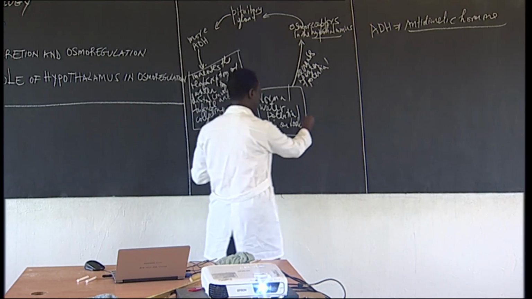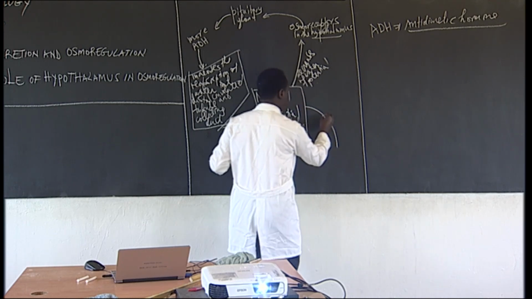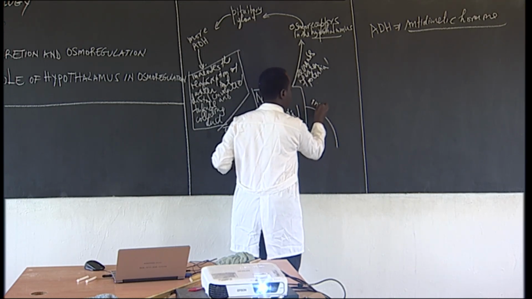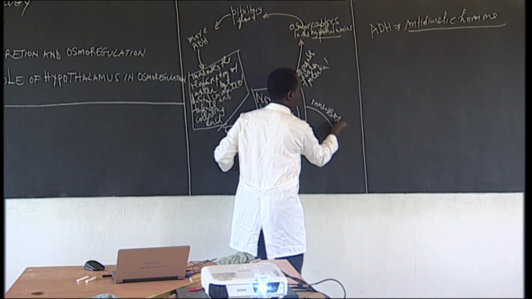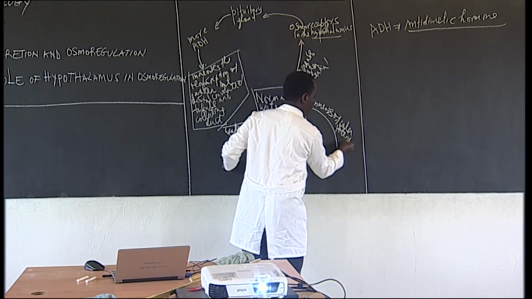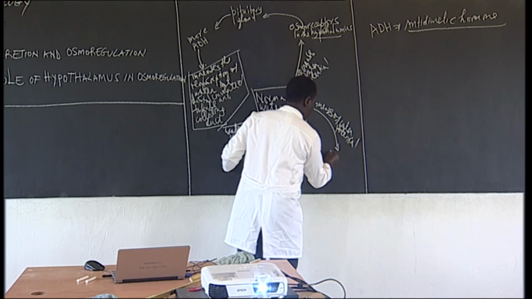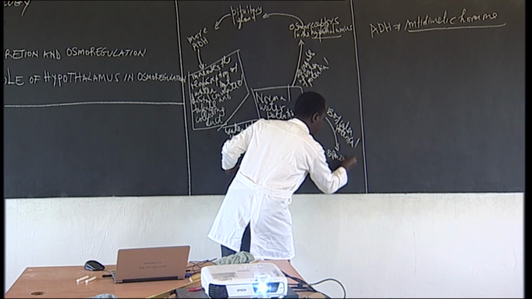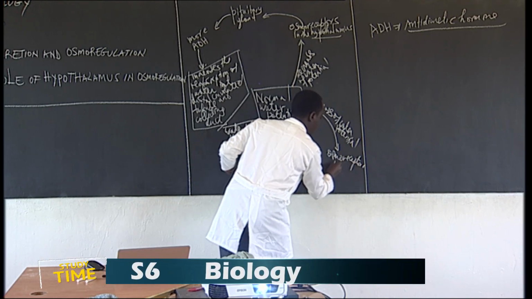What's going to happen? Let's use the same diagram. So suppose there is now rise of increase of water potential. So this is going to also be detected by what you call osmoreceptors in the hypothalamus.